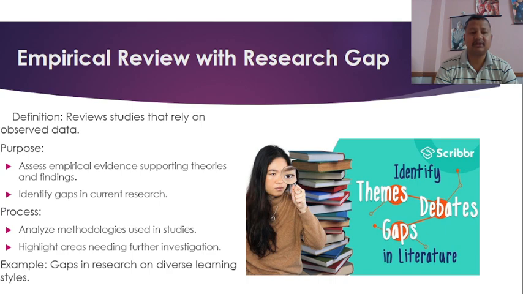While doing the research gap, we come to know which area we need to focus on more. After doing the research gaps, we must highlight which part of this research we need to investigate more. So it justifies the need for new research by addressing the identified gap.